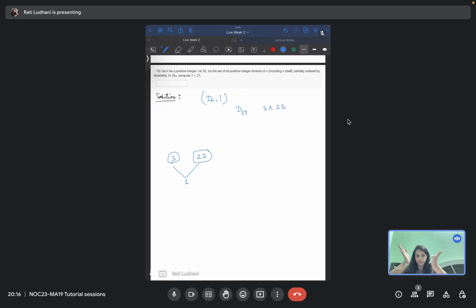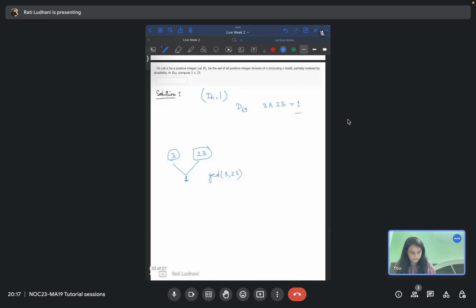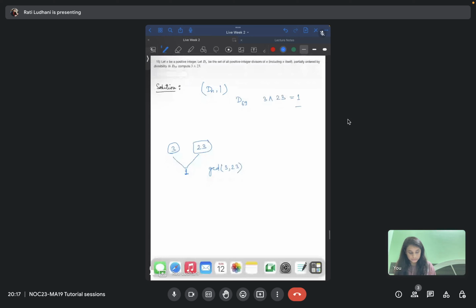When you make the divisibility Hasse diagram, you will have 1 at this position, because there is nothing in between 3 and 1, and nothing in between 23 and 1. So the number you get is just 1. So the meet will be this. You can actually say this is the GCD, the greatest common divisor, equal to 1.